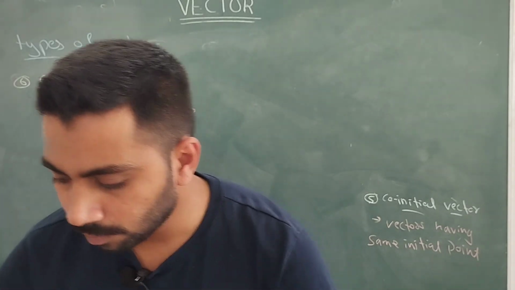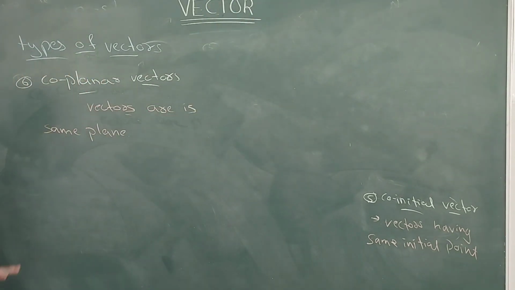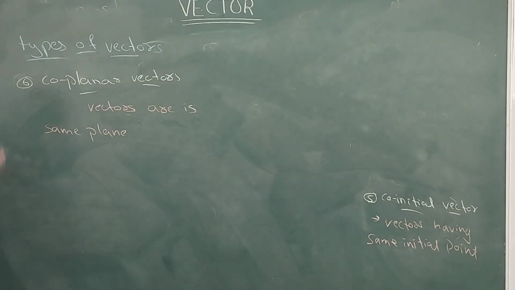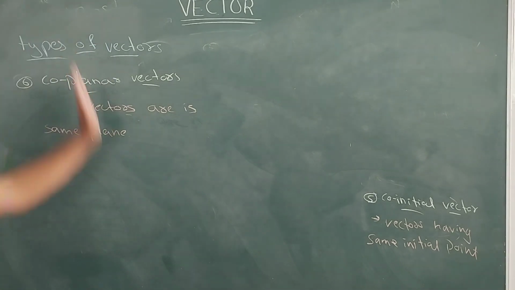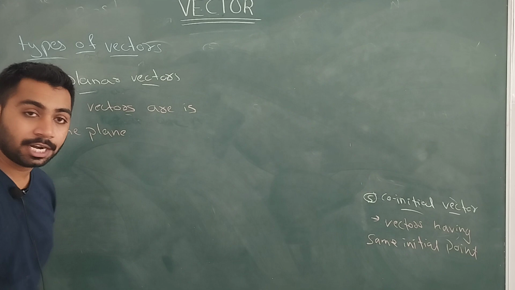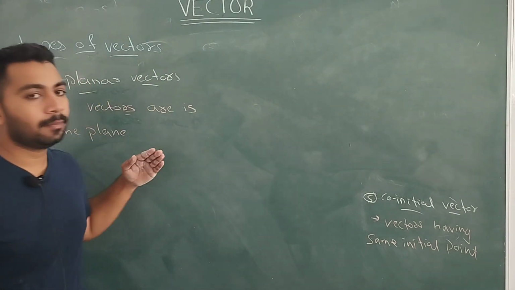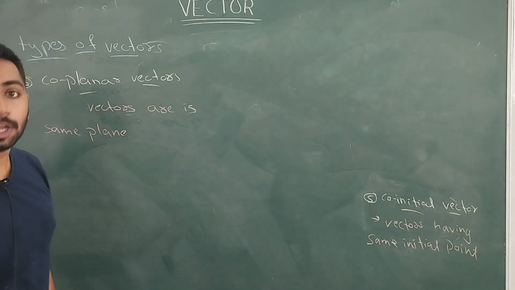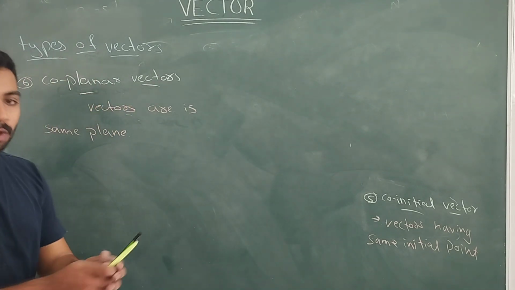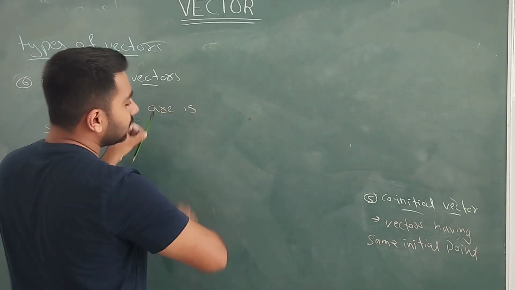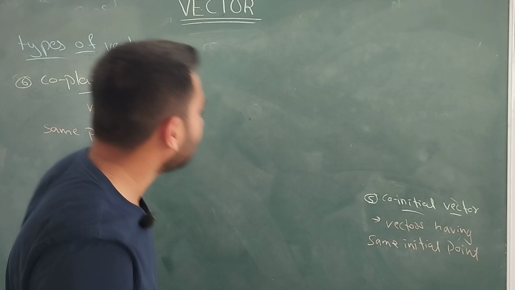See, this is one plane. I am not asking about 3D, I am just telling 2D. This has an x axis and y axis. If it is 3D, there is x, y plus z. Now we are talking about only a plane, meaning x and y.